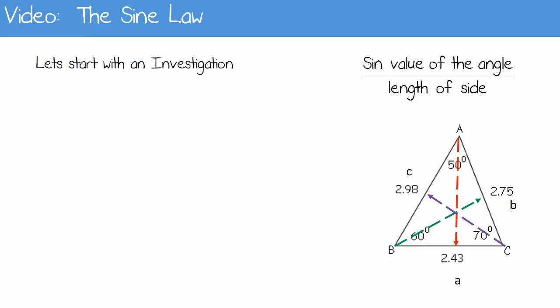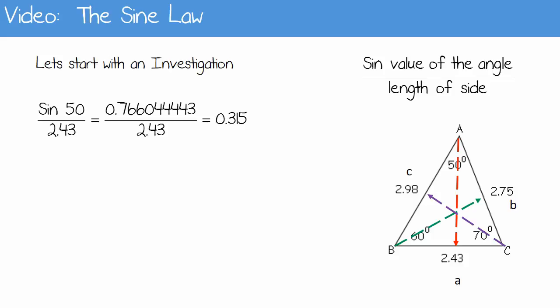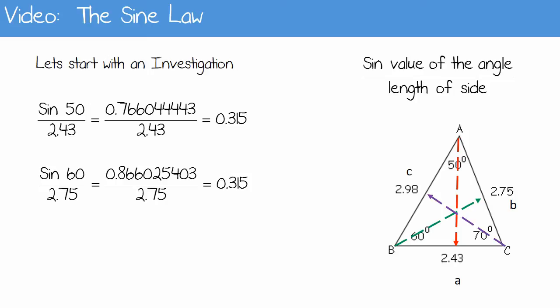We'll start with the sine of 50 degrees divided by 2.43. That will give us a value of 0.315. Sine of 60 degrees divided by 2.75 will give us 0.315.